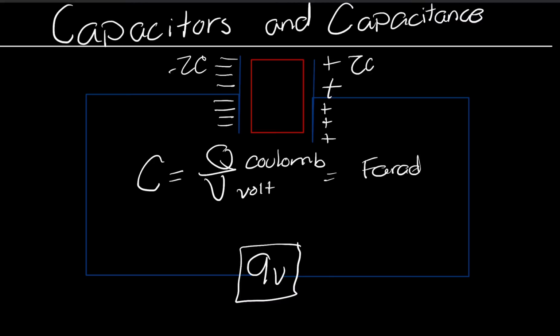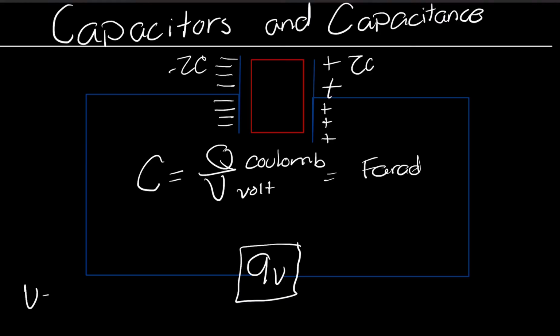So now just to clarify, the voltage here refers to the charge stored in the capacitor, which in other words is the difference in electric potential between the positive and negative charges.